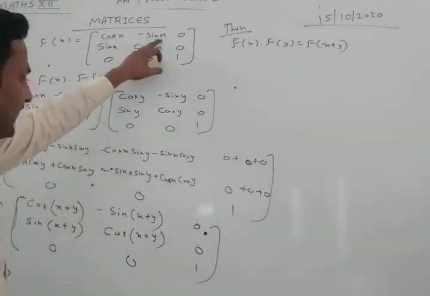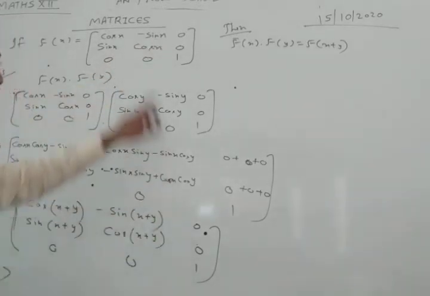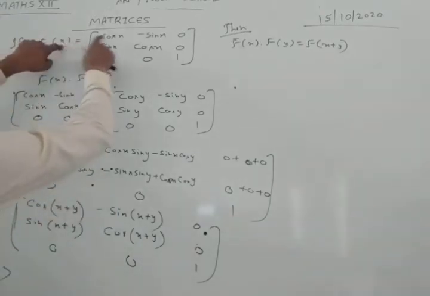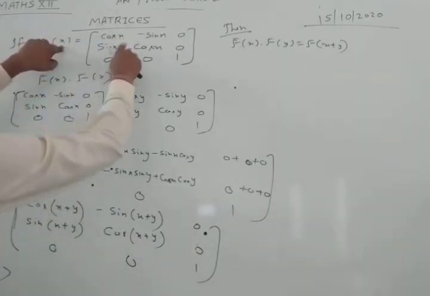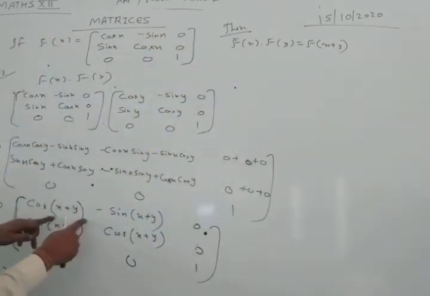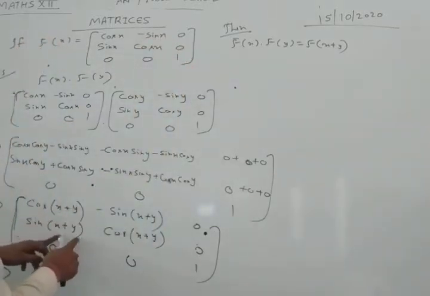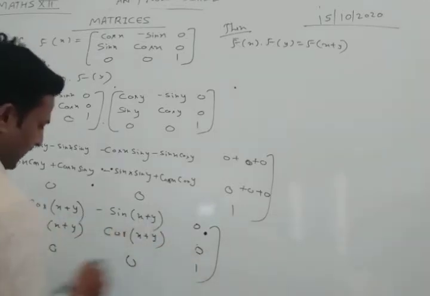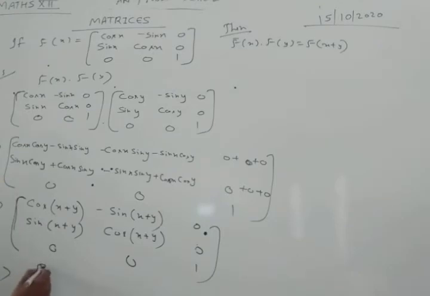Now minus sin(x plus y), cos(x plus y), the same, 0, 0, 1. So if here is x, then here is x. Look at it: if here is x plus y, with the negative sign, sin(x plus y), and 0, 0, 1. So we get the function of x plus y, which is our right hand side.